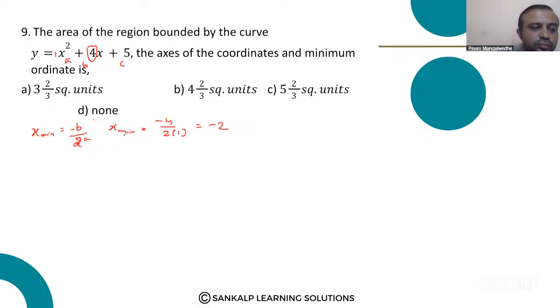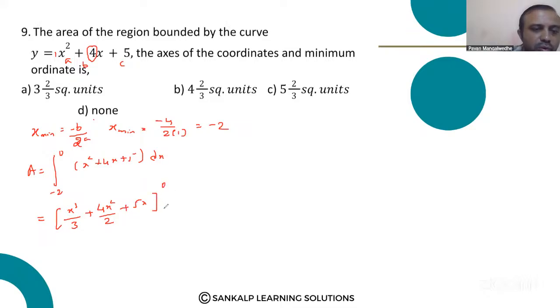Now set up the integration for this. A is equal to integral from minus 2 to 0 of x square plus 4x plus 5 dx. Now try to solve this. Integration of x square is x cubed by 3, and 4x is 4x square by 2, plus 5 is 5x, from 0 to minus 2.